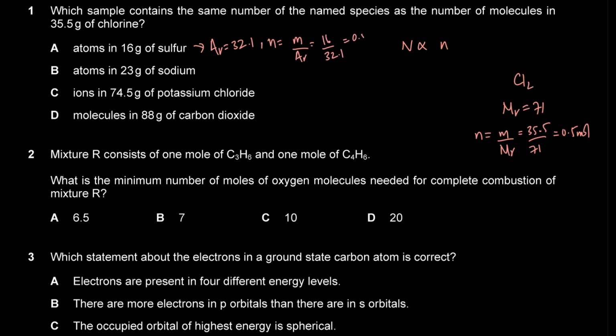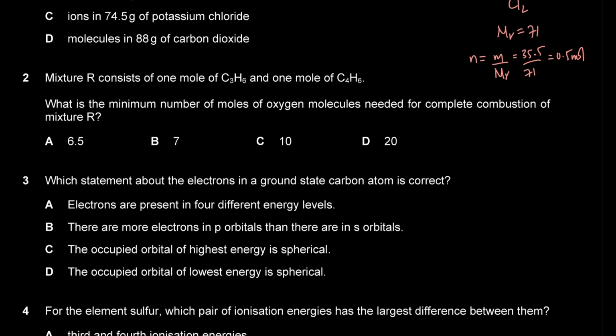So that is 0.5 moles of atoms. So that means that the answer over here is just A. We have 0.5 moles of sulfur atoms here, and we have 0.5 moles of chlorine molecules in the 35.5 grams of chlorine. So we have an equal number of atoms of sulfur here as we do molecules of chlorine in 35.5 grams. So the answer is A.